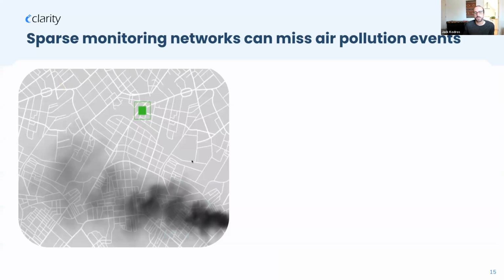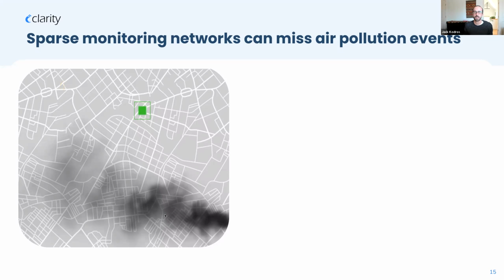So the issue with sparse monitoring networks is that they can miss localized air pollution events and conditions that may be affecting neighborhoods that don't have a regulatory instrument. So for instance, and this is just a hypothetical map, if you had a regulatory instrument located in one neighborhood, but let's say a localized emission source like a power plant or even a wildfire plume passing over a neighborhood, this instrument may completely miss this air quality event.